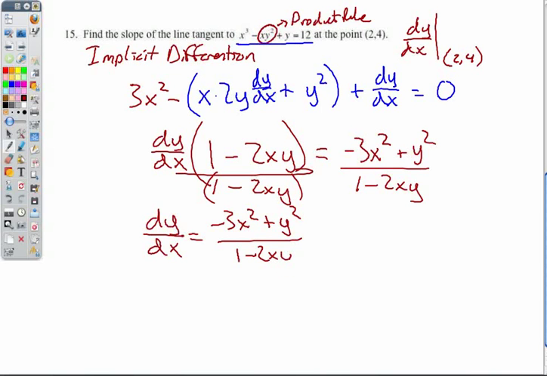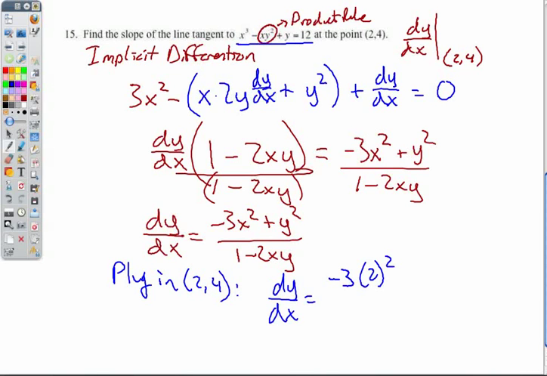But to get the slope of the line tangent to that function, we've got to plug in 2 for x and 4 for y. When we do that, our derivative is equal to negative 3 times 2 squared plus 4 squared, all over 1 minus 2 times 2 times 4.